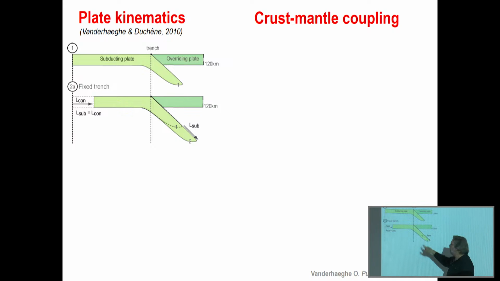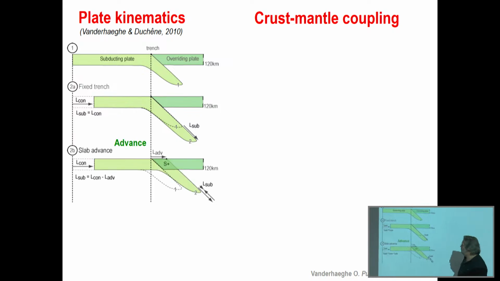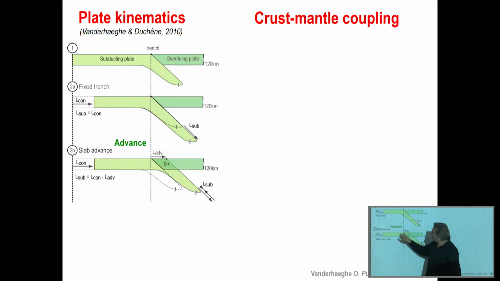Okay, that's easy. Then let's consider two different cases. The case of plate advance of the downgoing plate relative to the overriding one. And you see here that the amount of advance is not going to be subducted. So the amount of subduction is convergence minus the amount of advance.